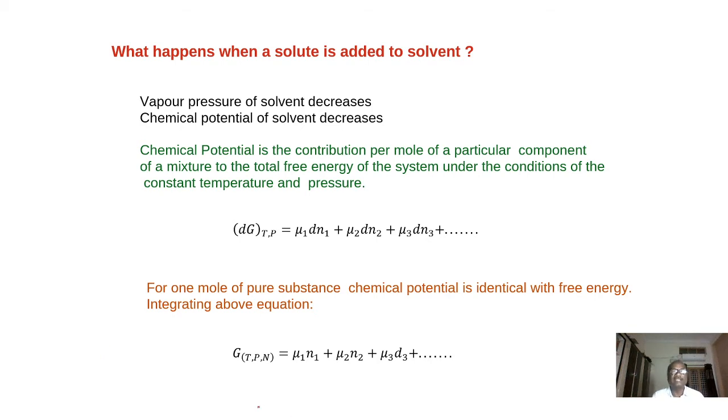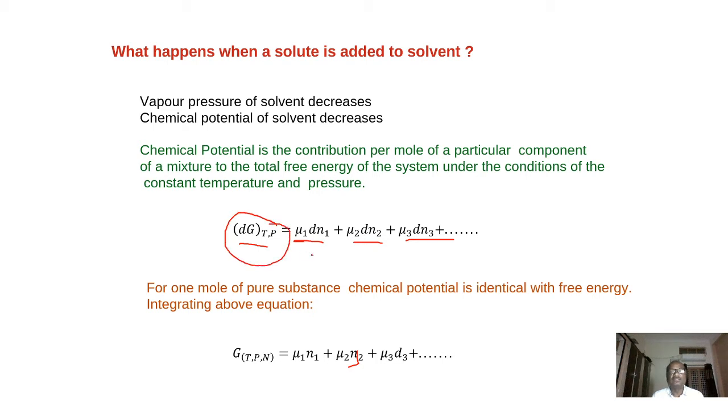So we can represent it like this, at constant temperature and pressure: the free energy of the system will be equal to mu1 dn1 plus mu2 dn2 plus mu3 dn3 and so on. So what is mu1? It is the chemical potential contributed by the dn1 component. Similarly, mu2 dn2 and mu3. Each individual component is contributing something to the total free energy of the system.